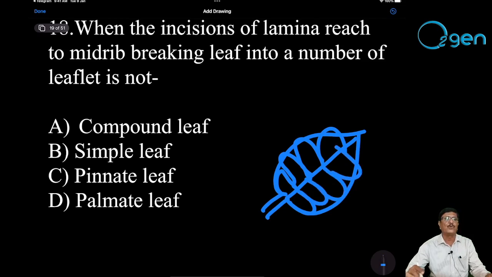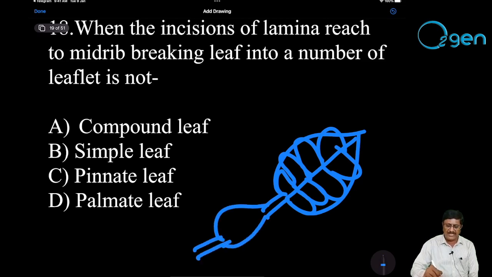So the compound leaf has incision in a pinnate leaf also, and palmately compound. They are pinnately compound, palmately compound, whereas in the simple leaf it is not there. So leaflet is not. That is a simple leaf. Option B is correct.